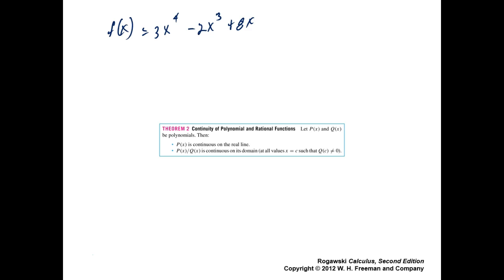Polynomial functions are always continuous on the real number line. All real numbers. Okay? Also, it's a smooth function on that whole number line. Never has any points or cusps or breaks or anything else. It's always smooth and continuous. Okay. I think that's all we need to say about that.